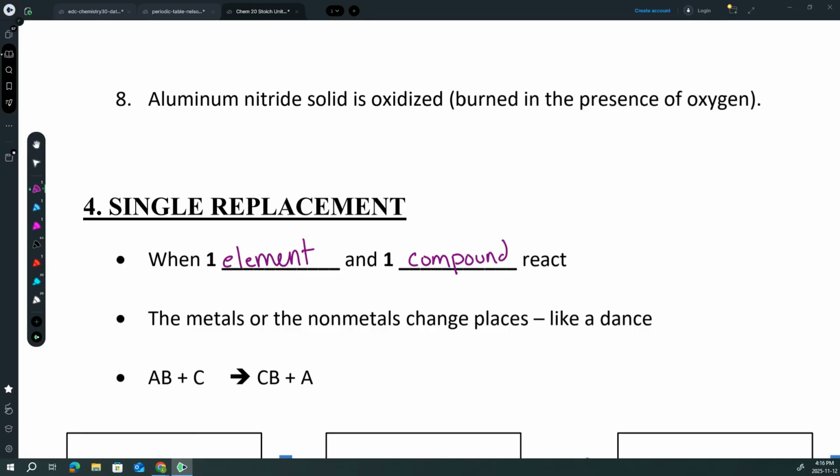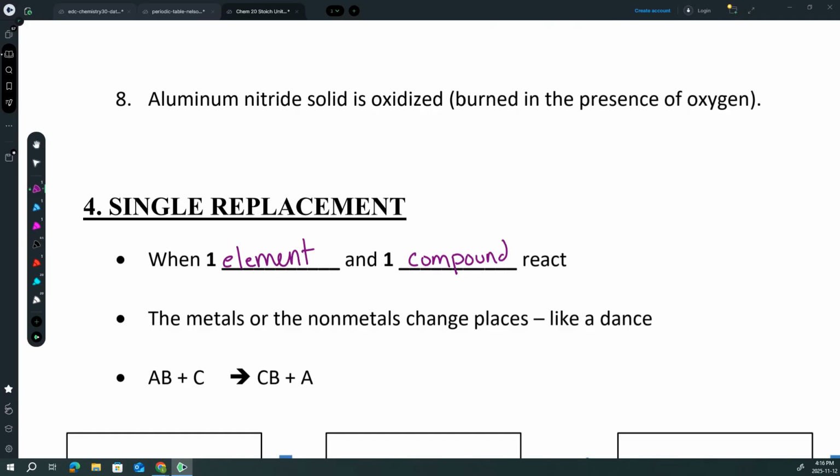When you're trying to figure out what is switching with what, you need to pay attention to whether the element is a metal or a non-metal.